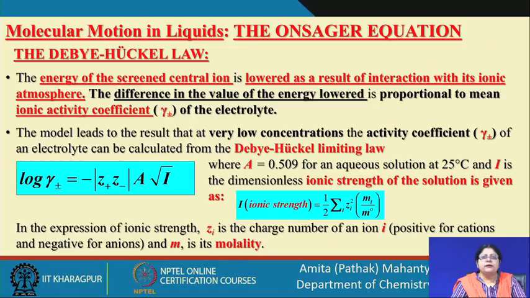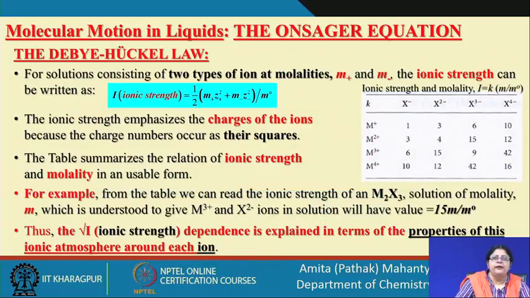So, this explanation can be based on whatever we have judged from the explanation for an electrolyte where you have ions and a square root of ionic strength dependence in terms of the mean activity coefficients of the ions.